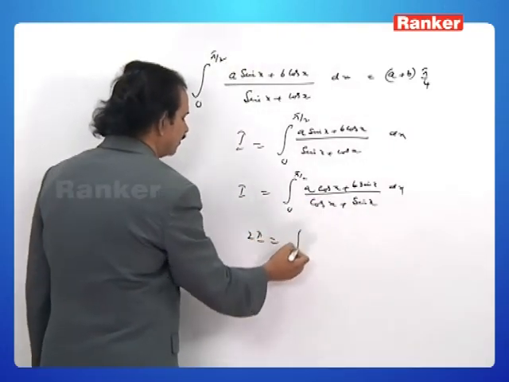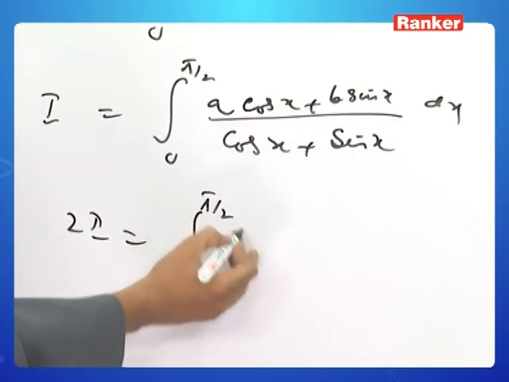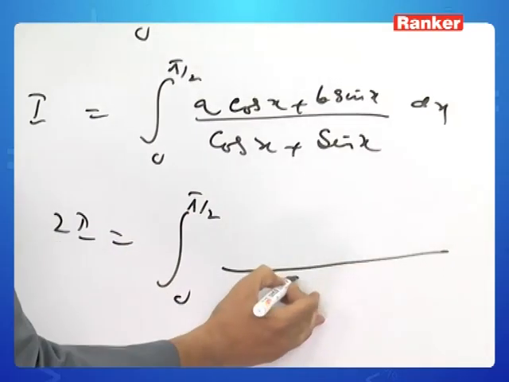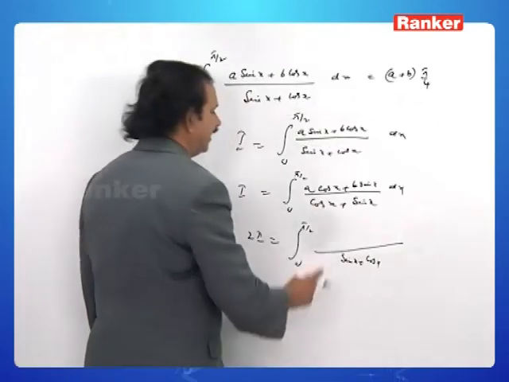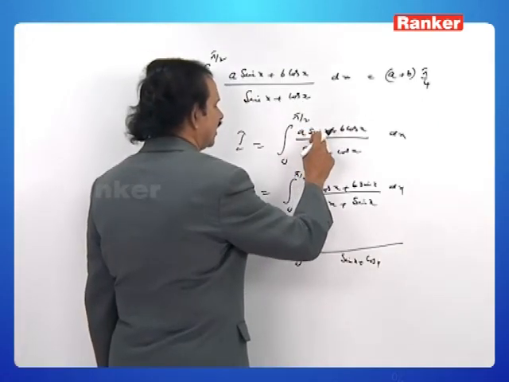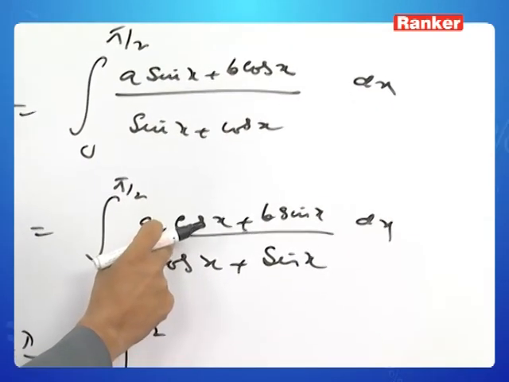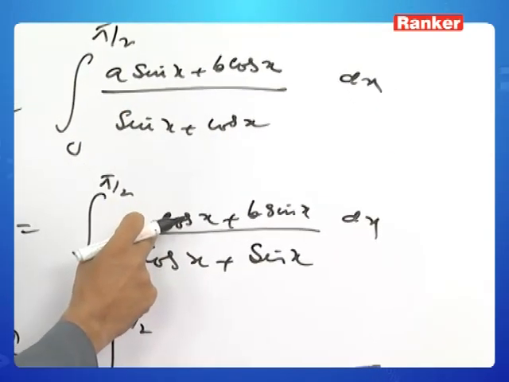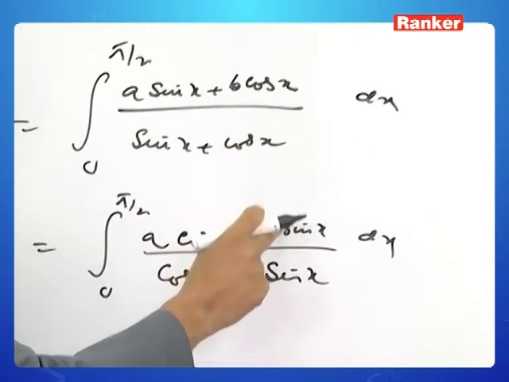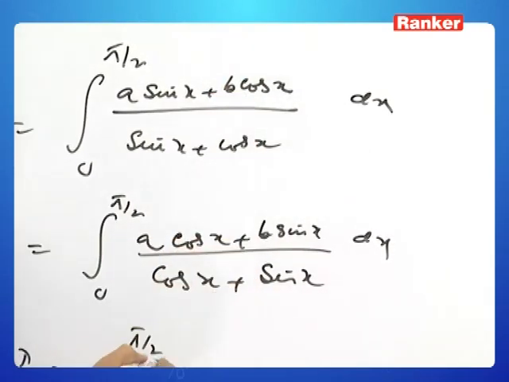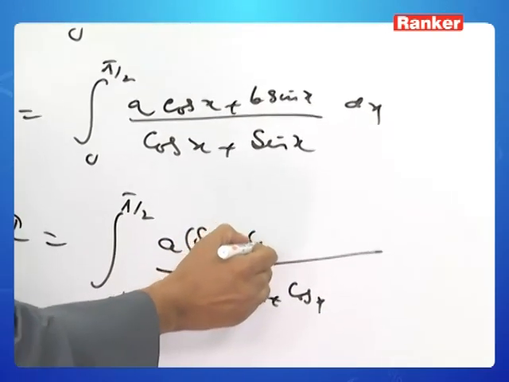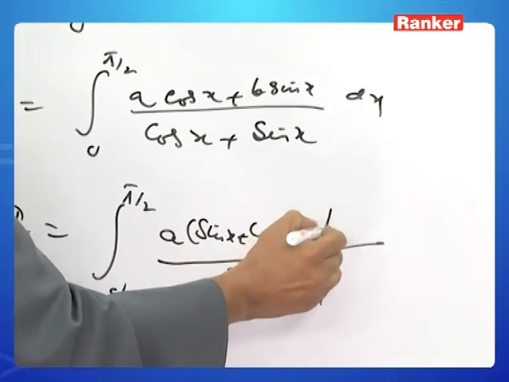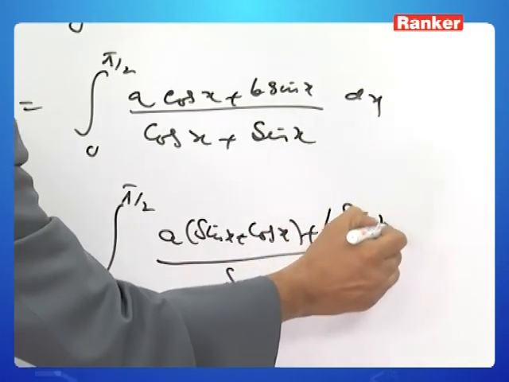2I is equal to integral 0 to pi by 2. Come on friend, sin x plus cos x, the same denominator, a sin x, a cos x, a into sin x plus cos x, b cos x, b sin x, b into sin x plus cos x. a into sin x plus cos x plus b into sin x plus cos x.